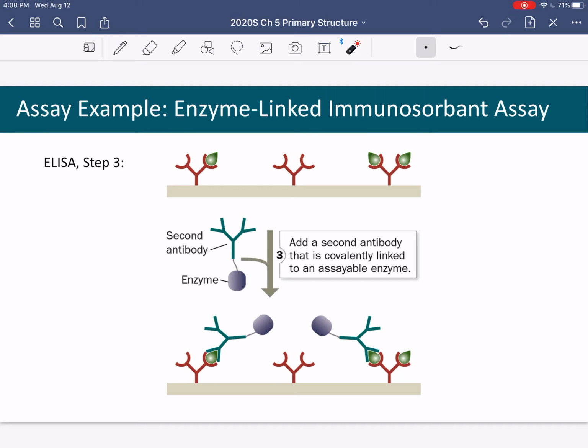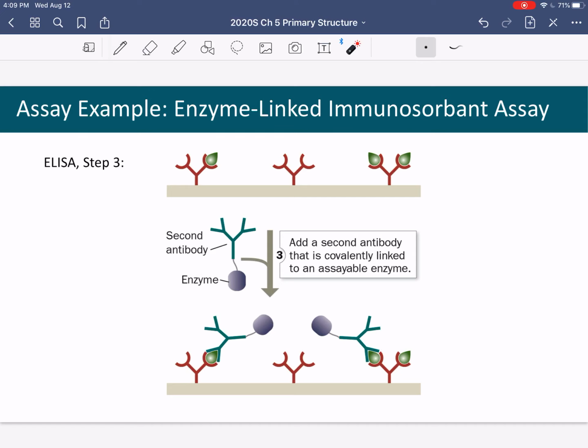And in this way, we can layer that secondary antibody with its covalently linked purple enzyme to it, and only those immobilized sections of your assay plate, which has many of these wells with the immobilized tan at the bottom and your antibody, only those antibodies that are engaged with your favorite protein, that green teardrop, will actually engage the secondary antibody.